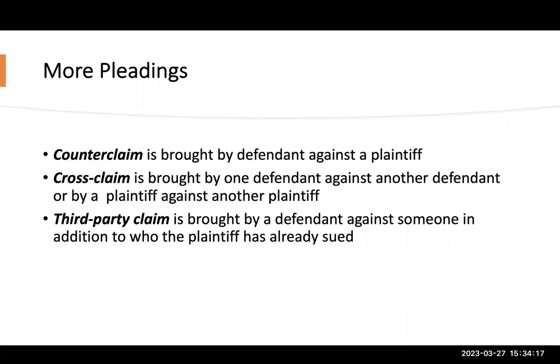A counterclaim would be a claim brought by the person that bought the materials against the supplier, saying, in my example, perhaps, I don't owe you any money because the materials you supplied were defective. And in fact, you owe me money. I had to go out and buy other materials at a higher cost. It caused a delay in the project, and you're responsible for the damages that occurred.